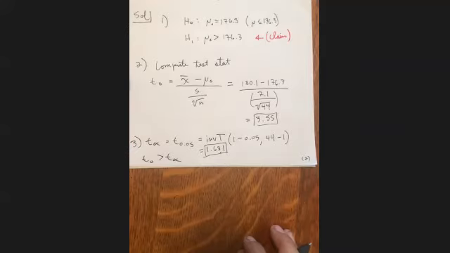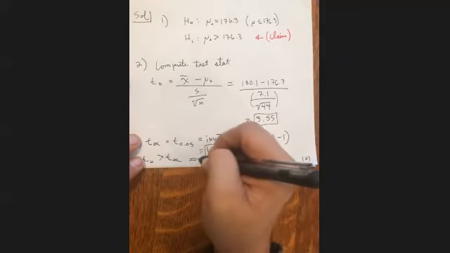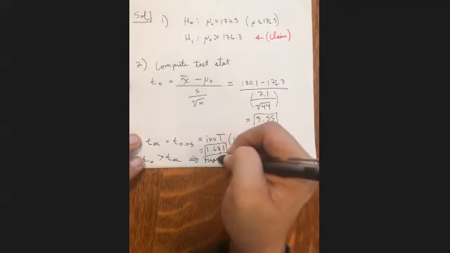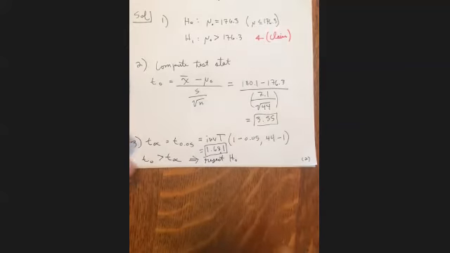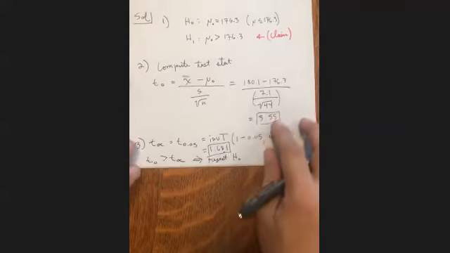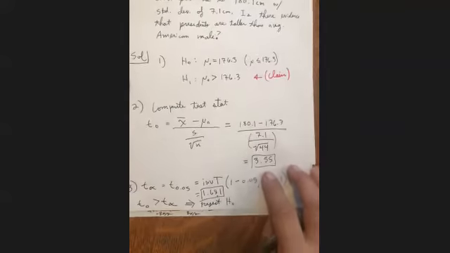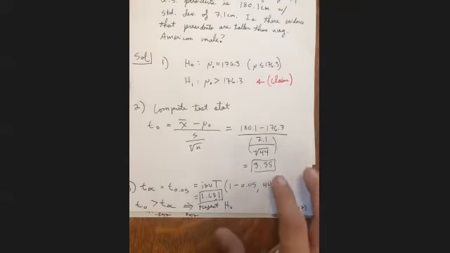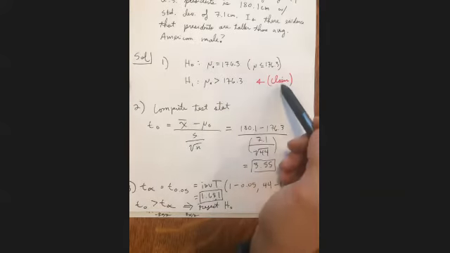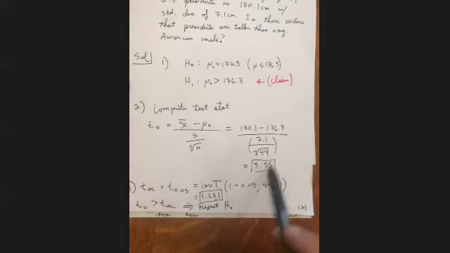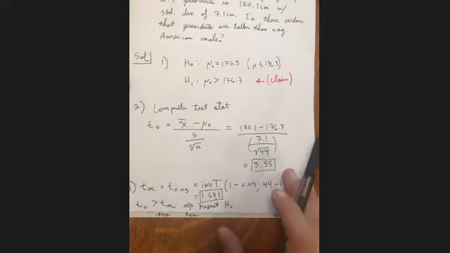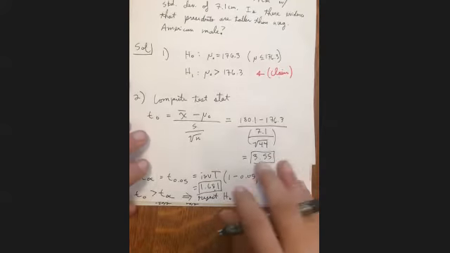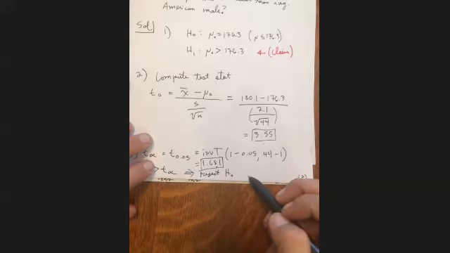When that happens, we reject the null hypothesis. Great. So we've gone through the major computational steps: identify the hypotheses, identify the claim, compute the test statistic, compute the critical value, then compare the two. Now we know to reject the null hypothesis.